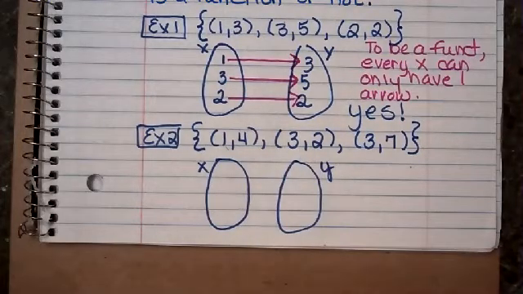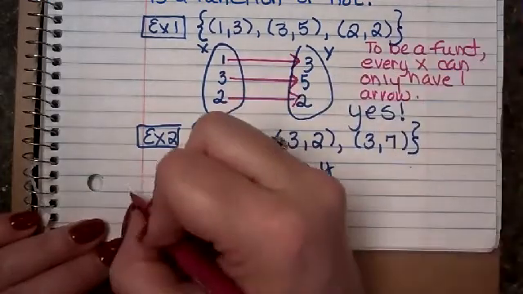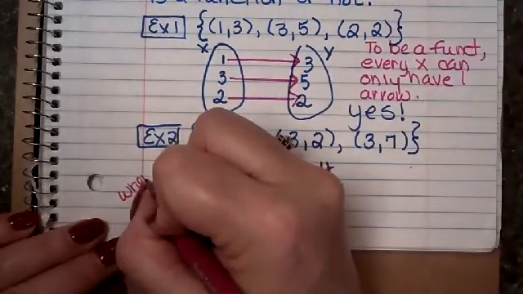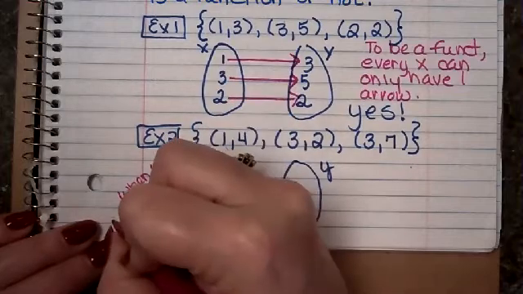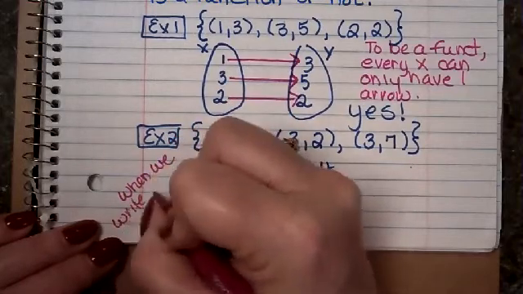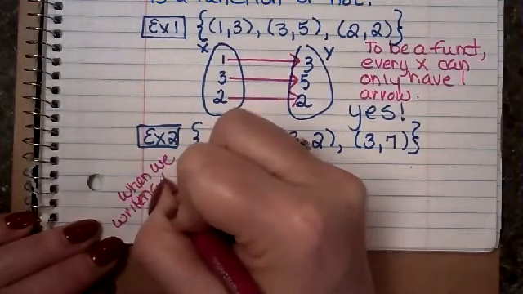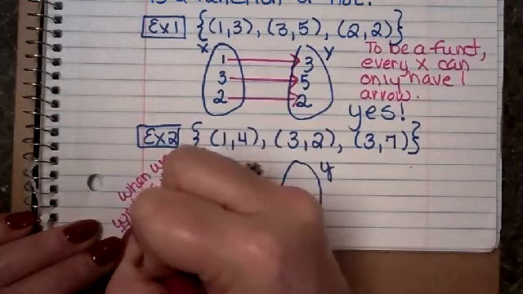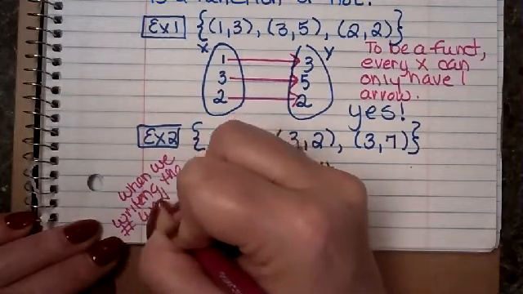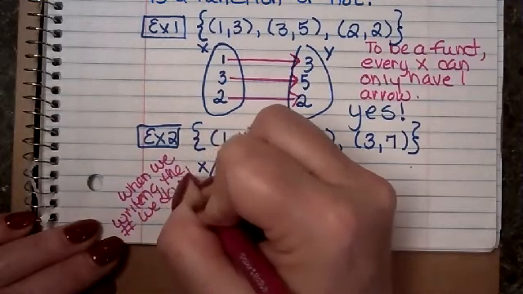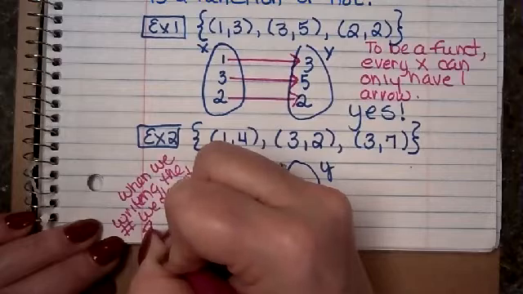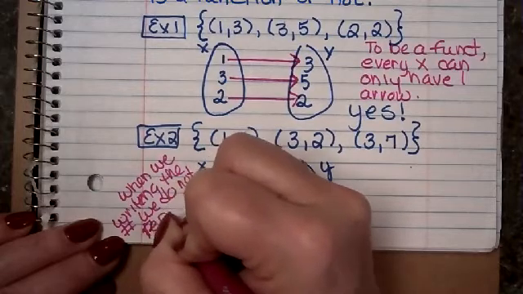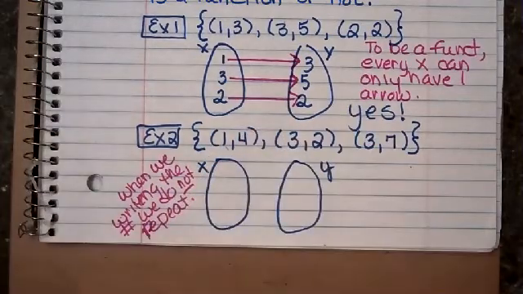Okay, now here's a catch. When we are writing, make a little note right here. The numbers, we do not repeat. Trying to squeeze it in there. So when I'm writing down my numbers here, I do not repeat them.